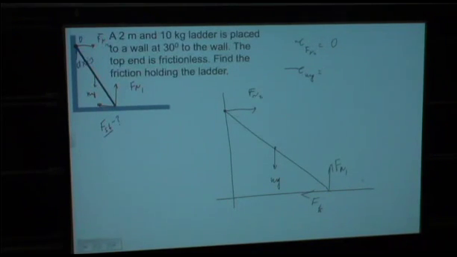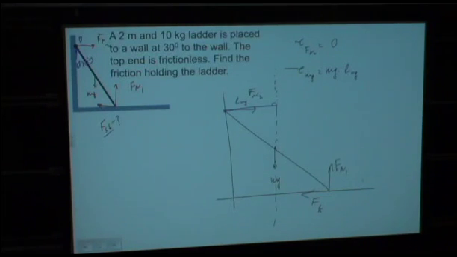To apply the last expression, first I need to see the line of action. That's the line of action. Now I need to see the lever arm, and that's the shortest distance from the axis of rotation to the line of action. That's the lever arm, L. And now it should be equal to mg times this distance.